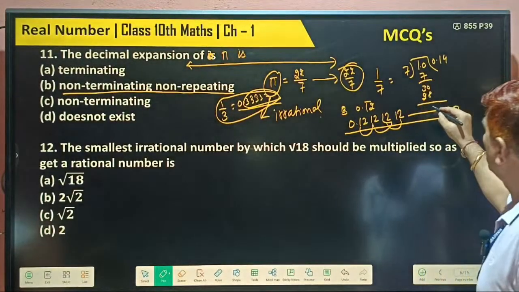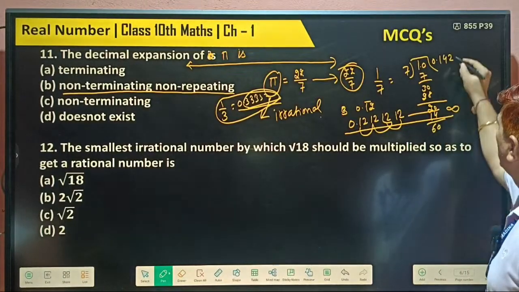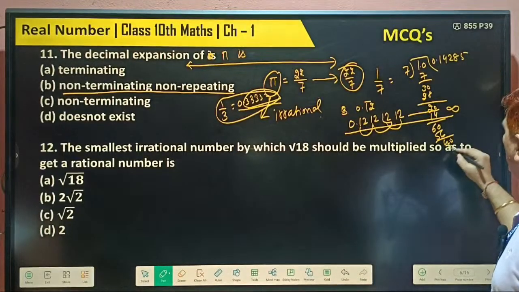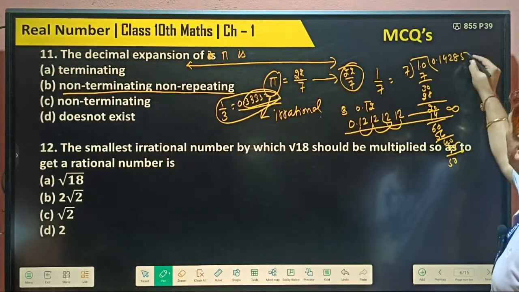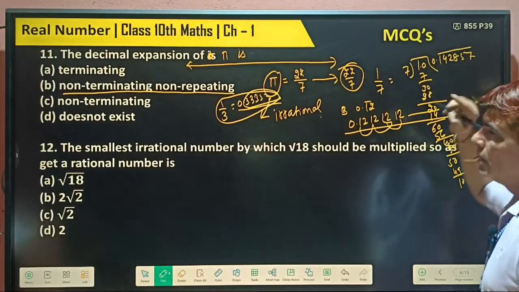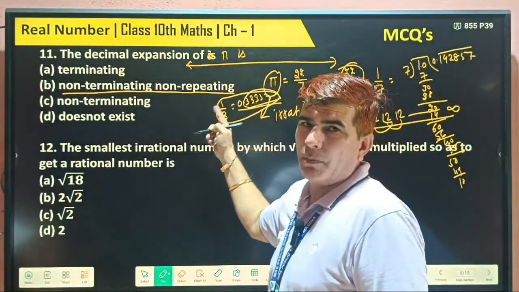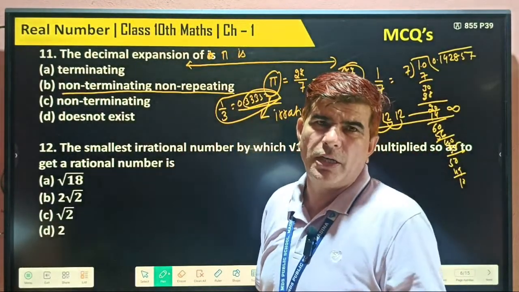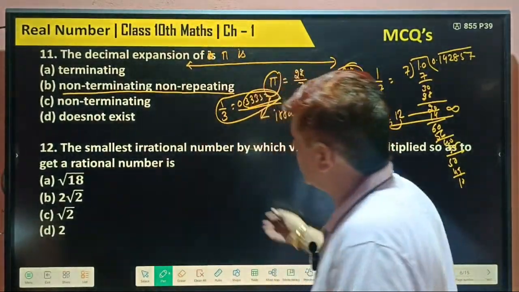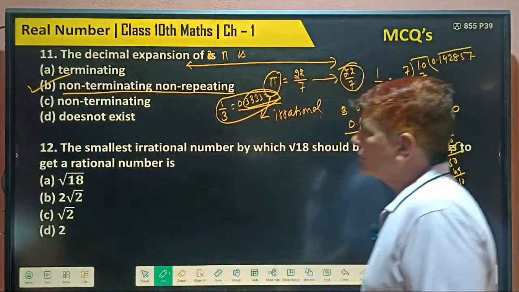Here taking 2, 7 times 2 is 14, 6, 7 times 8 is 56, 4, 7 times 5 is 35, 5, 7 times 7 is 49, 1. Again the repetition of this. This is reoccurring and this is repeating. But irrational numbers are non-terminating, non-repeating and non-reoccurring. I told you this at the start.